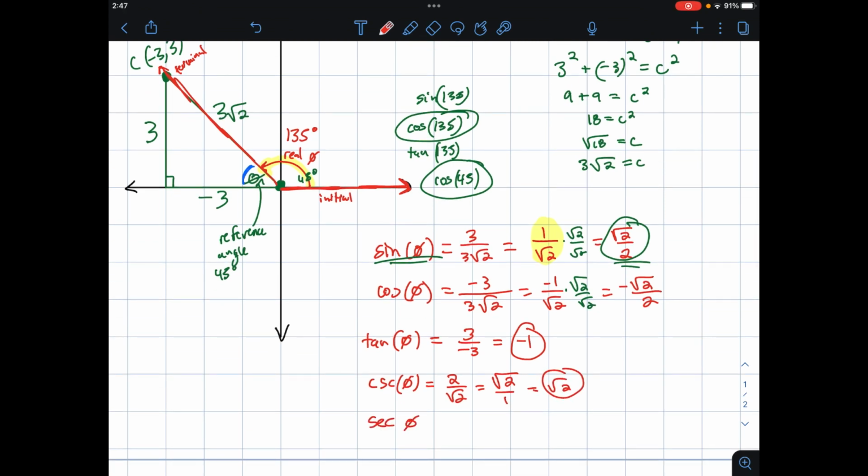Likewise, when we do secant theta, remember that's the reciprocal of the cosine. We could look at the end product and flip it, or we could just look right here, an equivalent form, and just say that it's negative square root 2. And then finally, we could do cotangent of theta. -1, the reciprocal of -1 is still -1.